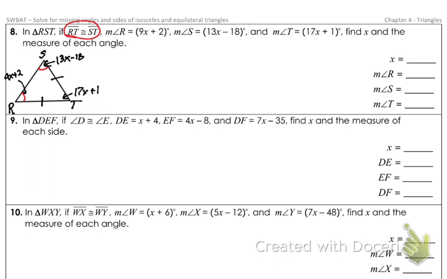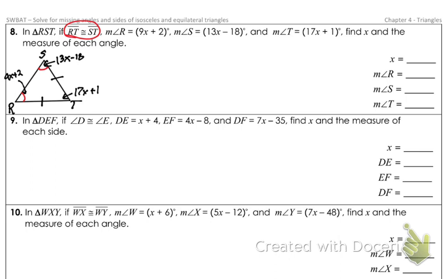But because we have these sides congruent and these angles congruent, this is our equation. Our equation is 9x plus 2 equals 13x minus 18. We're not using that 17x plus 1 to solve for anything. We know that these two things are congruent. Congruent means equal sign. So 9x plus 2 equals 13x minus 18.